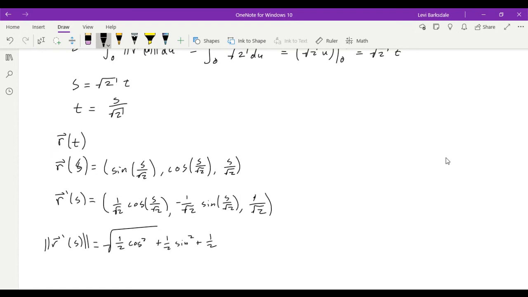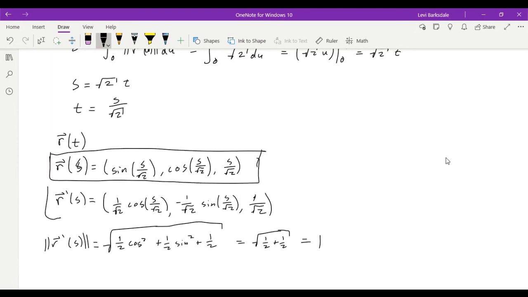Oh, plus 1/2. Of course, I was right. 1/2 cosine squared plus 1/2 sine squared is of course equal to just 1/2. Square root of 1/2 plus 1/2 is equal to 1, and it has a constant speed. But your answer would be this r of s right here.